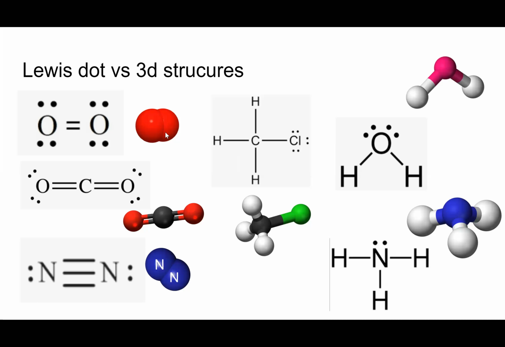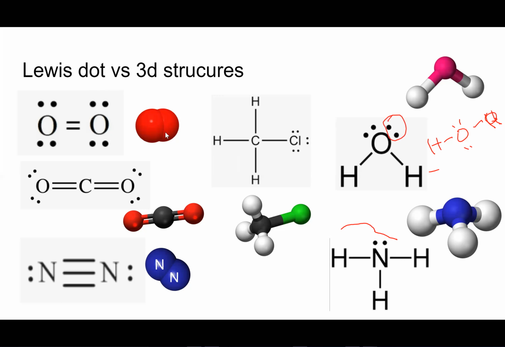For the 3D structure, let's take ammonia, for example. Well, even water. Let's take water. You might think water could be drawn like this. Oops, this is an H. So it looks like it's symmetric, right?